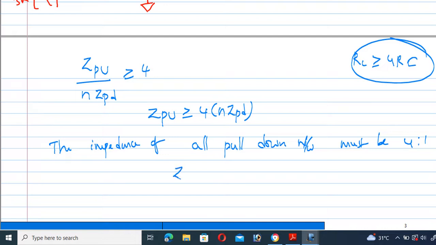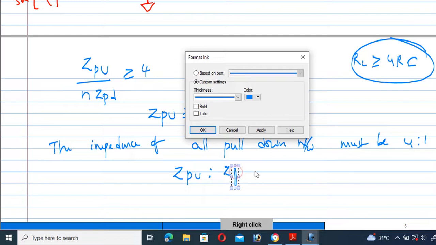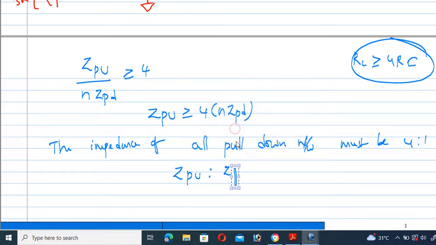That means the ZPU to ZPD ratio must satisfy the criteria 4:1. Then only does it act as a proper inverter, and then only does it perform the basic operation.